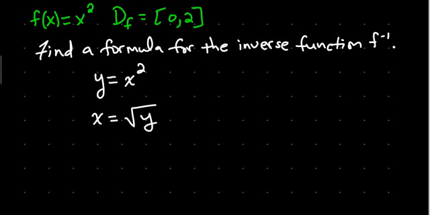Some of you might want to say it's plus or minus, but when we're talking about functions, we can't say plus or minus because that would give me two outputs. So we typically pick the positive value, the positive square root of y. And so that gives me my inverse function, f inverse of y equals the square root of y.